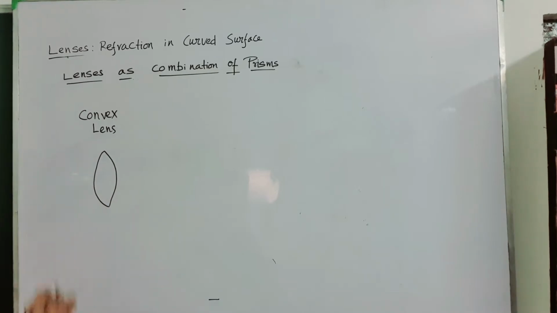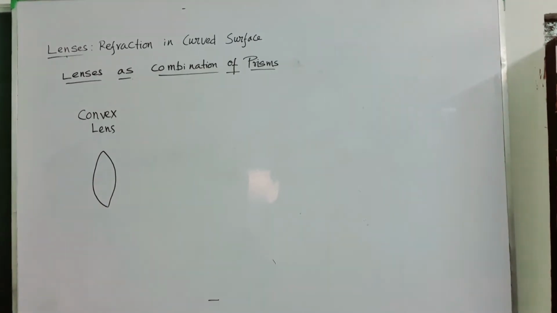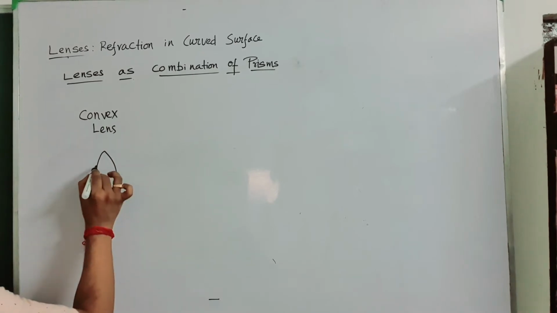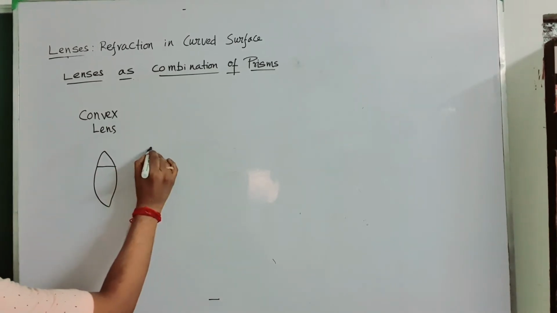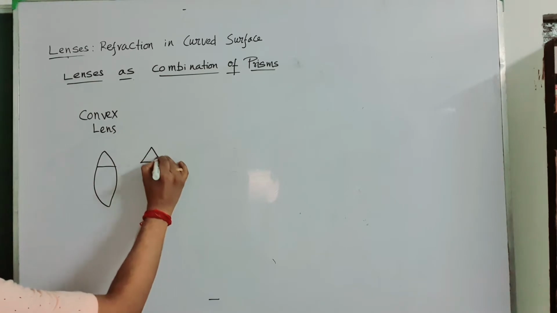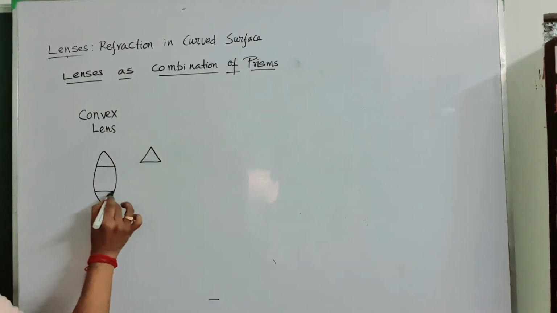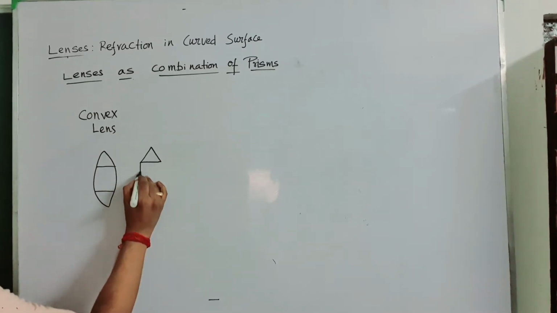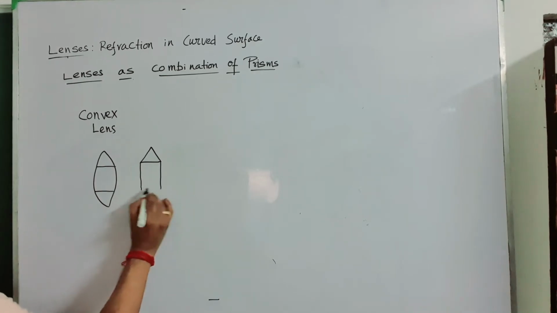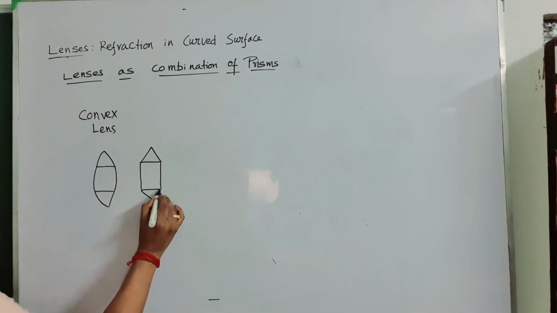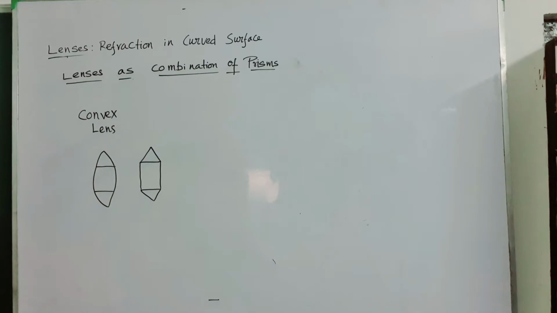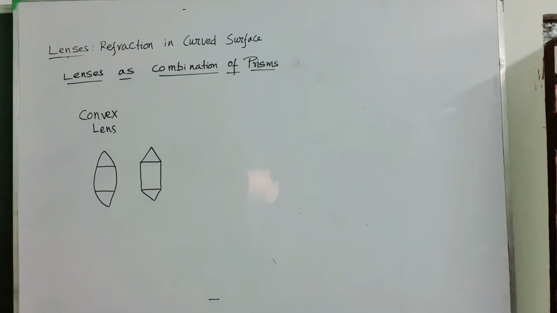This can be taken as a combination of prism and glass lens. How? This upper part is a prism. This lower part can be taken again as a prism, and the middle part can be regarded as a glass lens. So this is how we can show lenses as a combination of prisms.